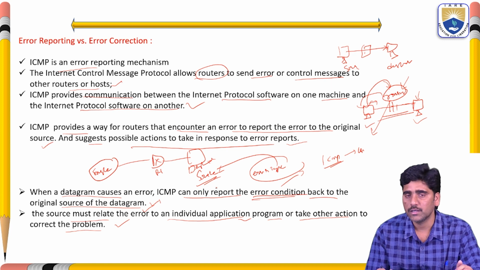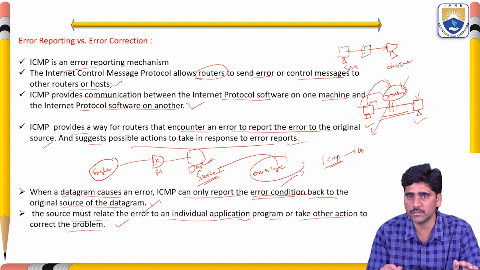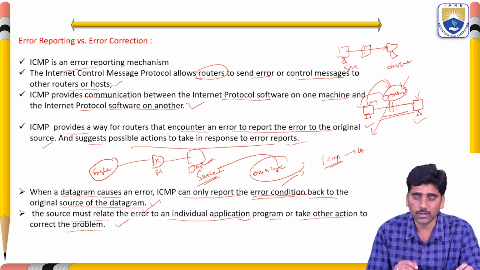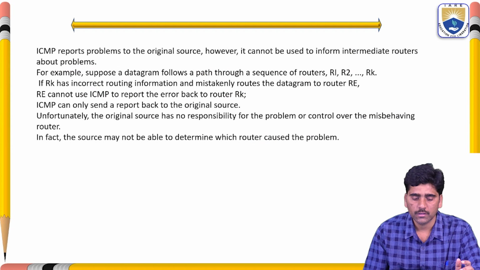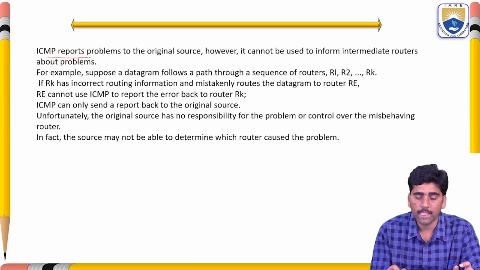Once it is found what caused the message, correct that problem and send to the destination side across the router. So ICMP reports the problems to the original source.